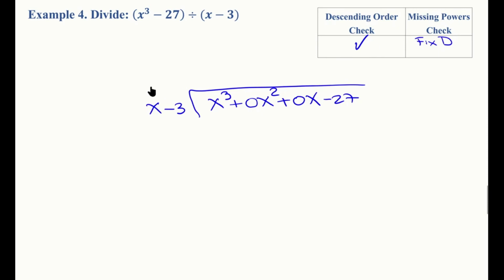So now the procedure is the same. Divide the first term by the first term. So we divide x cubed by x, we end up with x squared. So we write the x squared here and go ahead and multiply x squared by the divisor.